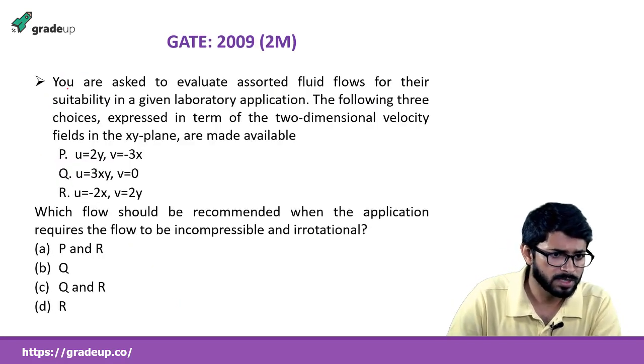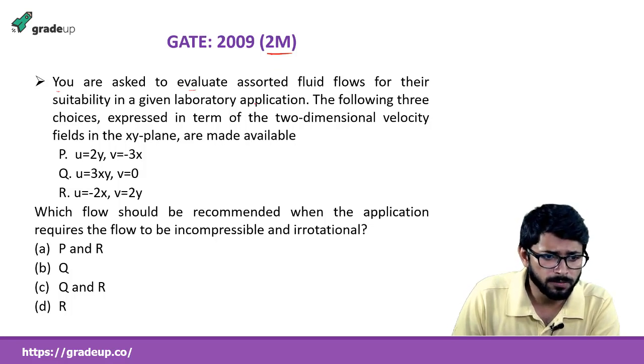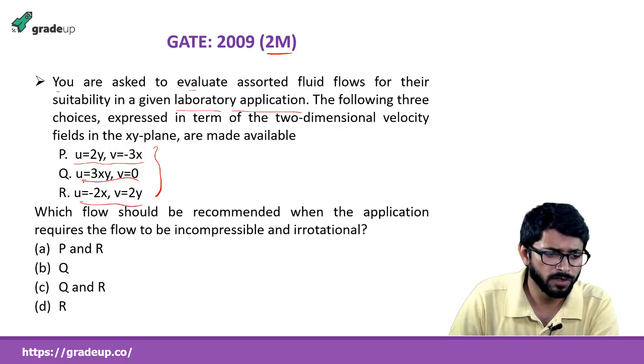Okay, another question is asking here for 2 marks. It states: you are asked to evaluate the assorted fluid flows for their suitability in the given laboratory application. Here 3 flow fields are given, with u and v as the velocity fields in the x and y directions.